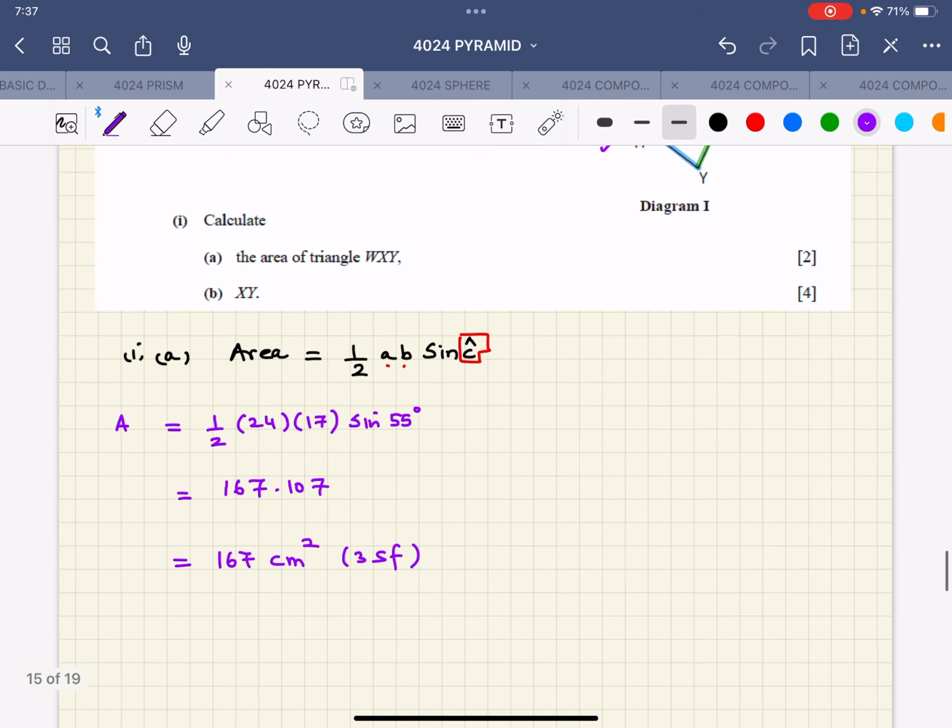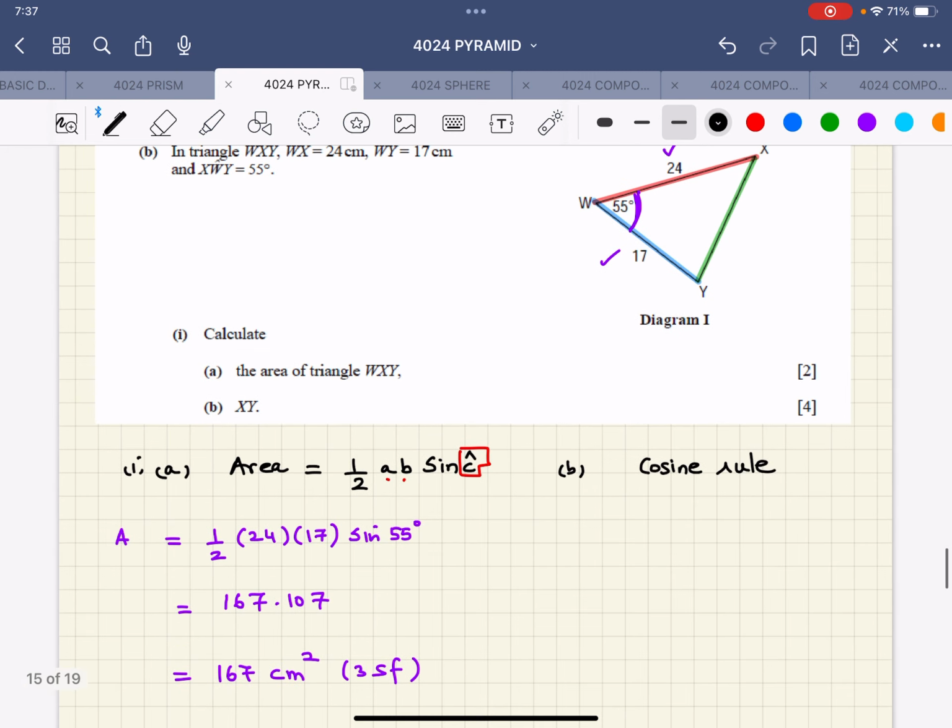What about XY? XY will be calculated based upon the concept of the cosine rule. So let me write XY, the whole thing squared, that equals 24 squared plus 17 squared minus 2 into 24 into 17 into cosine of 55 degrees.